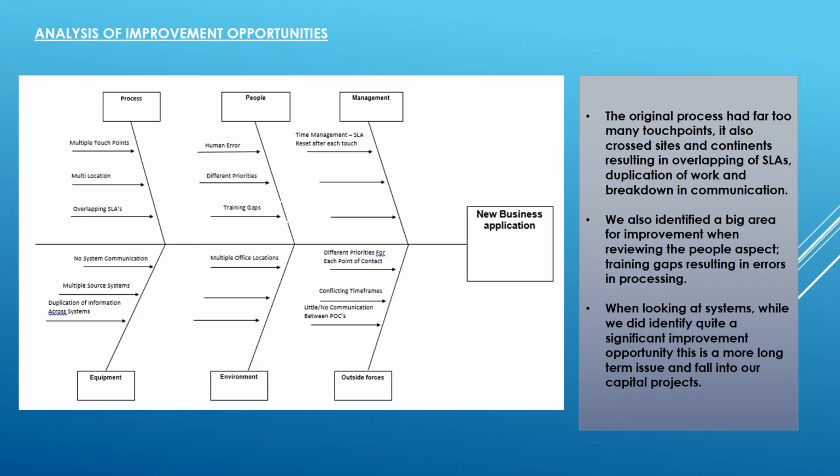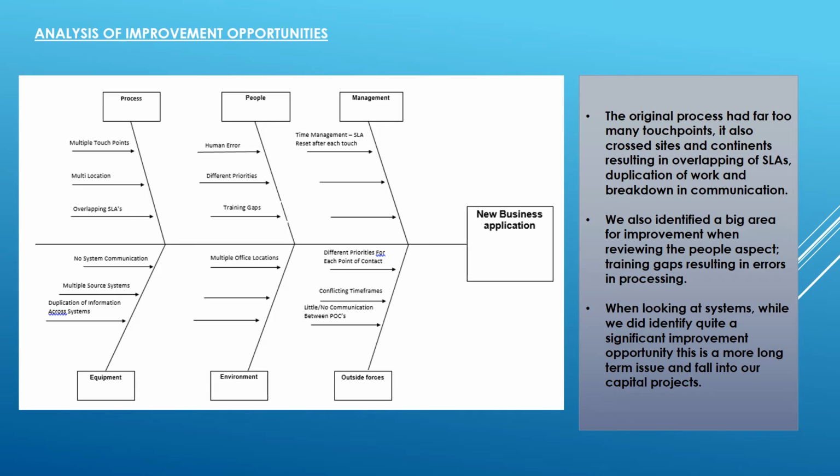When we looked at the outside forces, I've already spoken about this in the introduction slide, we look at different priorities. We've got external parties and their priorities will be different to ourselves here as the receiving carrier. We have conflict in timelines. Here in SE2, we will follow our own timelines, where an IMO is a separate entity and they will have their timelines, and the losing carrier once again will have their timelines.